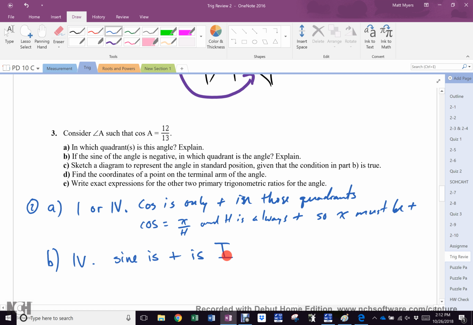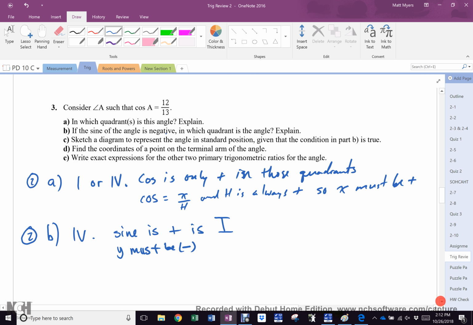Sine is positive in quadrant 1, or down here, y must be negative, which would put it in quadrant 4. Again, 2 marks. No, it cannot be, because it says if the sine of the angle is negative. This is the angle I'm working with. Consider this angle.